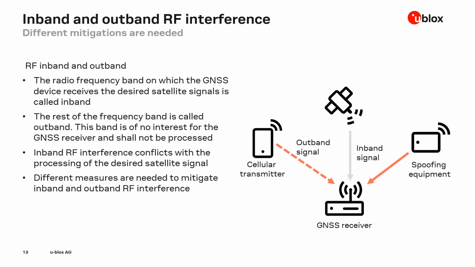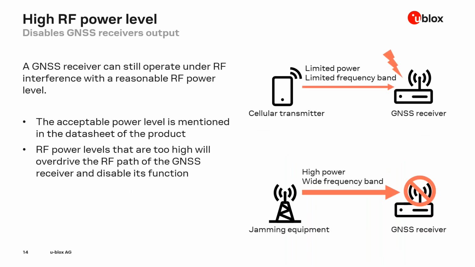But on the next page, I want to highlight the second important impact factor, which is the power level of the signal. The GNSS receiver can operate under a certain power level of RF interference. But if the power level gets too high, it could disable the function of the GNSS.